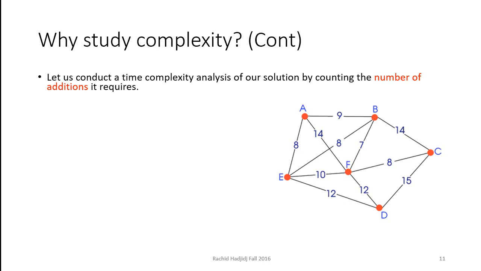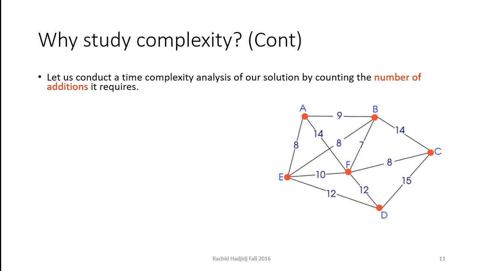In our case, the problem size is the number of cities, n. So we want to know how much time the algorithm requires to find the solution for a network of n cities, and also how this time grows when n grows. For this, we will count the number of operations the algorithm performs. When we get this number, we just need to multiply by the time each operation takes to execute to find the total time.